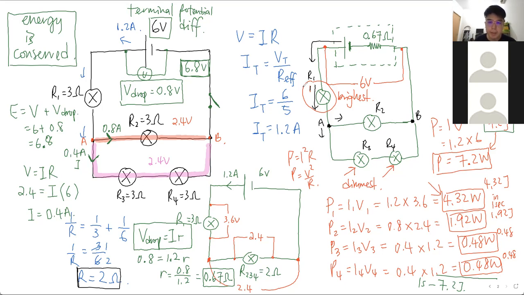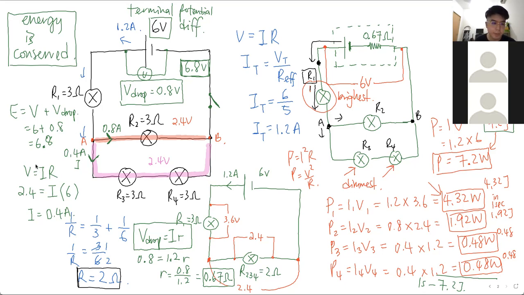Meaning that R1 will be the brightest, because not only does it get the full current from the battery, its voltage is also larger. You measure the potential difference here. This potential difference is bigger than the potential difference here.